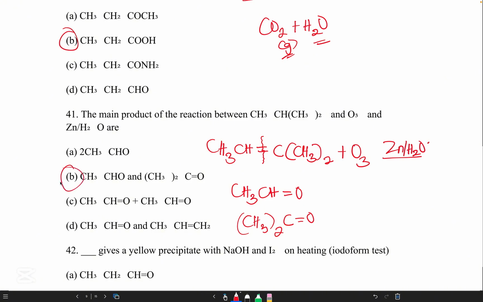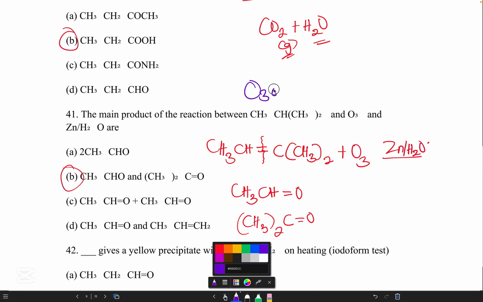Although they are not properly written, you agree with me that option B is the correct answer to that question. What is option B? CH3, CHO, and option B is the correct answer. That is the most appropriate answer to that question. So that's how to go about a question like this. It's a very simple thing. When you see something like this, just know that they are talking about ozonolysis.